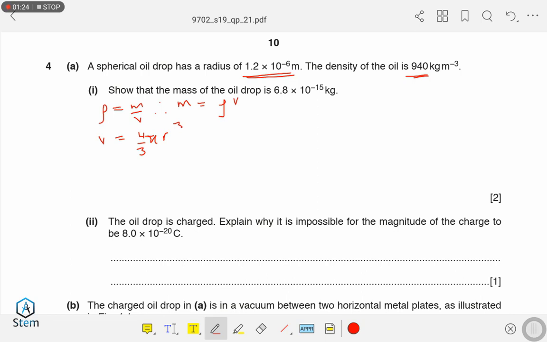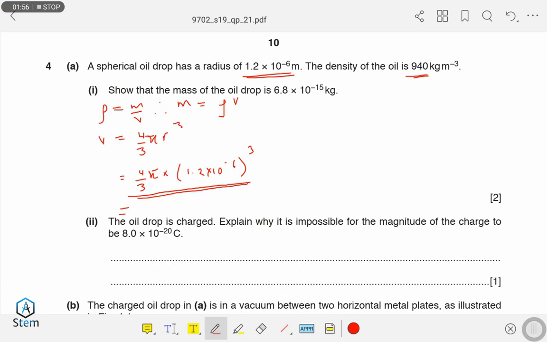Now if we substitute the values, 4 over 3 multiplied by pi times our radius, 1.2 times 10 to the power minus 6, everything cubed. This is going to give us the volume. I suggest that you do not simplify this expression, otherwise you may lose some accuracy.